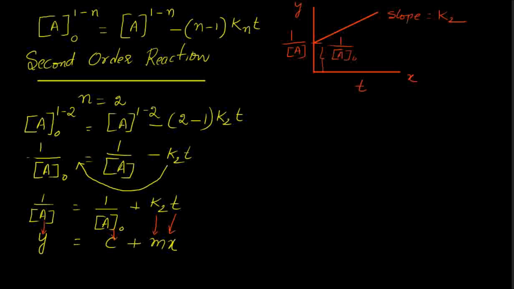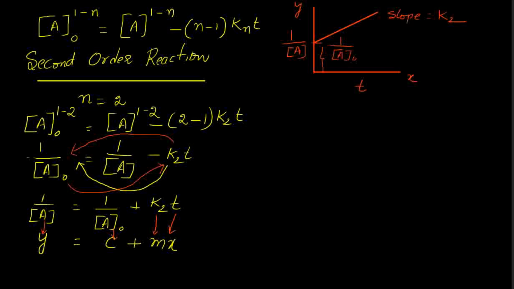Next we derive another relation here. So the k2 t this side and 1 by a naught comes to this side.